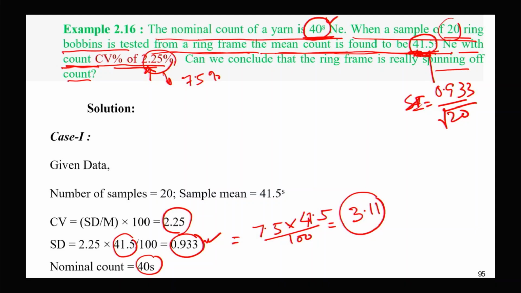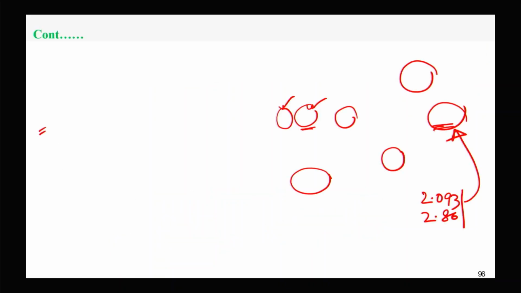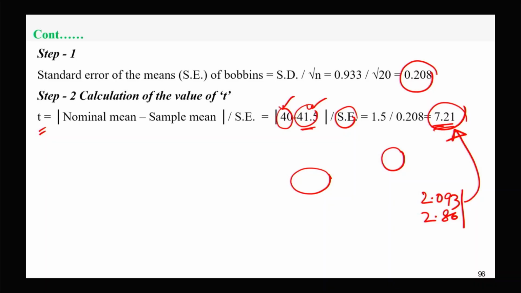Based on this standard deviation, keeping everything the same, using 3.11, the standard error will be 0.69. Using this, the t value becomes 2.17.